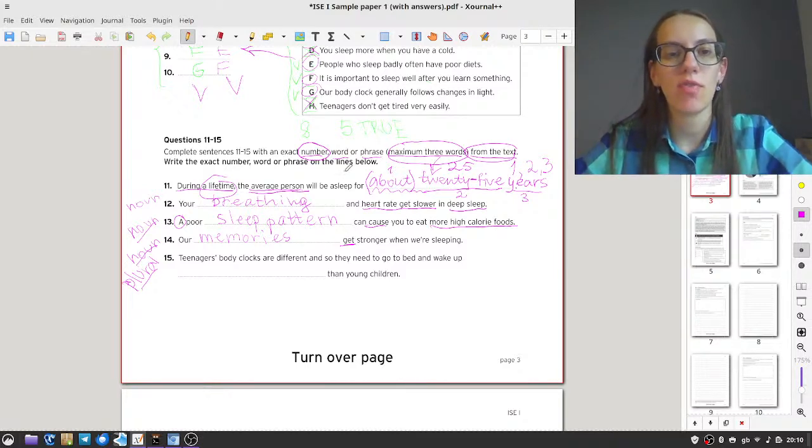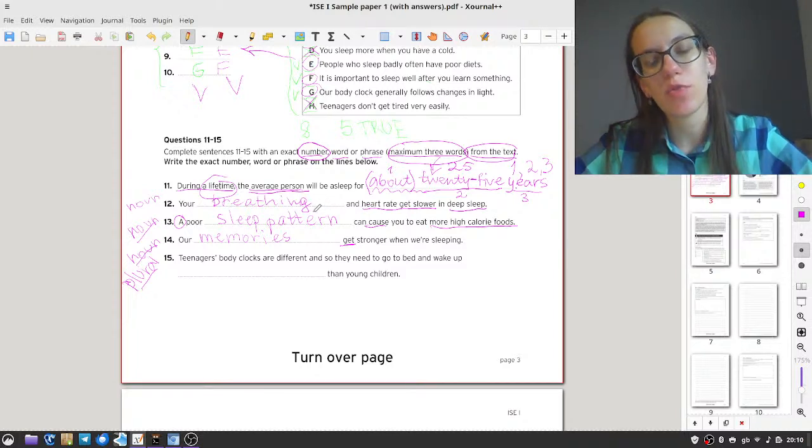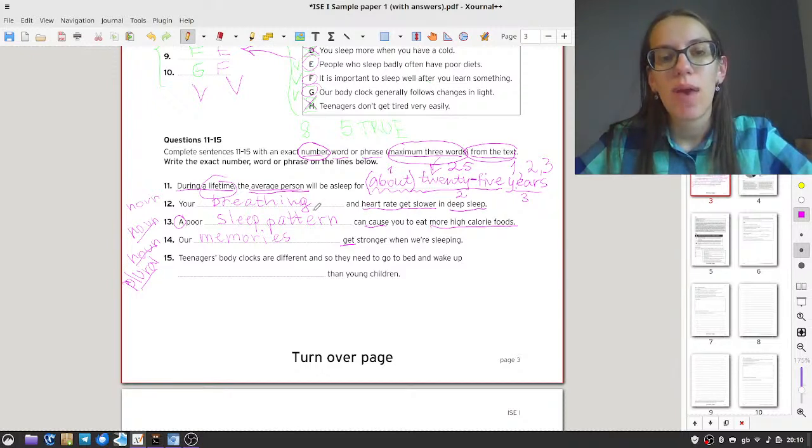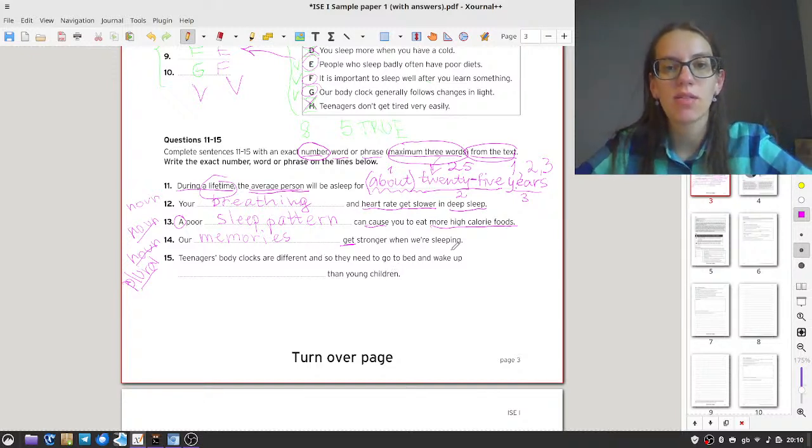If it was in the singular form, memory, you would say memory gets. But memories get stronger. So that makes sense grammatically, and it makes sense as a sentence.